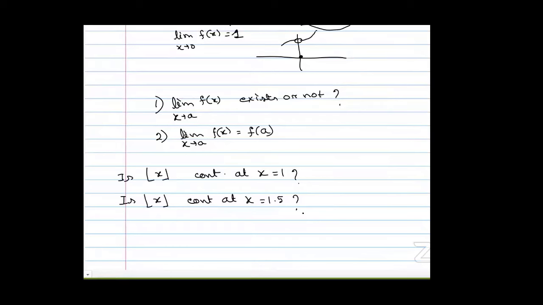So in the interval a comma a plus 1, the function behaves like a constant function, right? So here it is nothing but 1. So in that interval, and at x equal to 1.5, the value of the function is also 1, right? So both the conditions are satisfied. So at x equal to 1.5, this function is continuous.